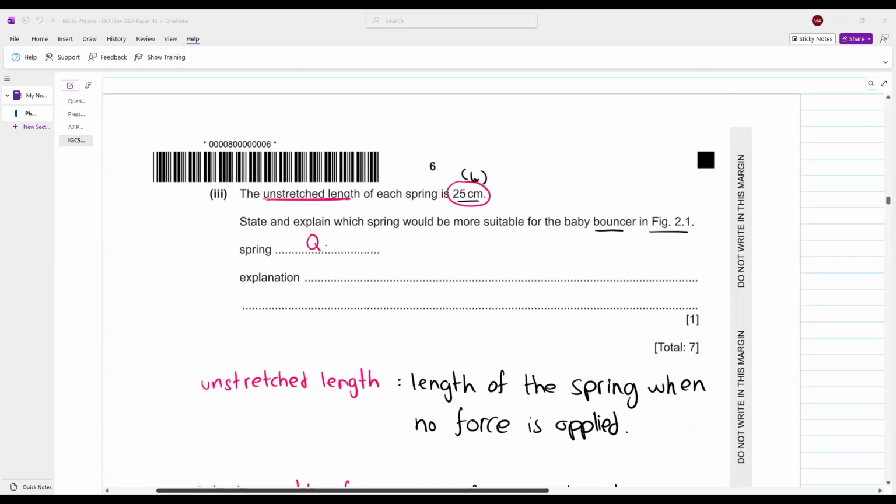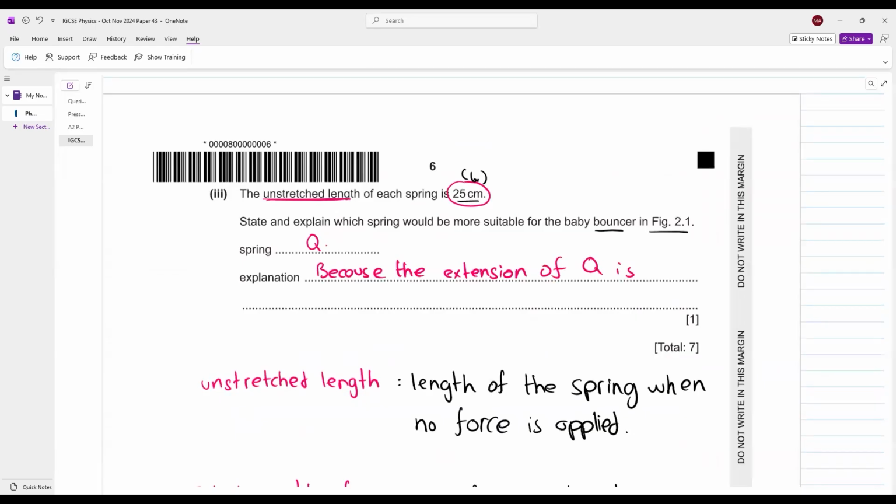Because the extension of Q is of the right length to allow the baby's feet to touch the floor.